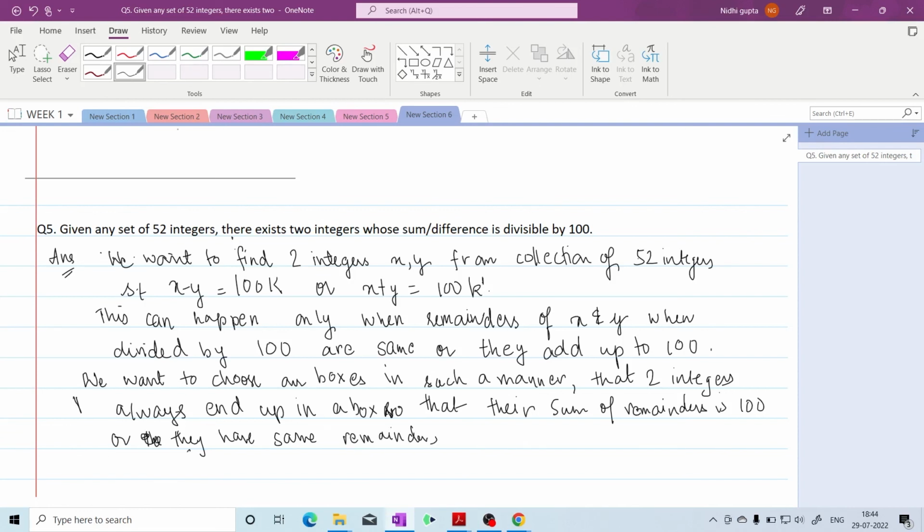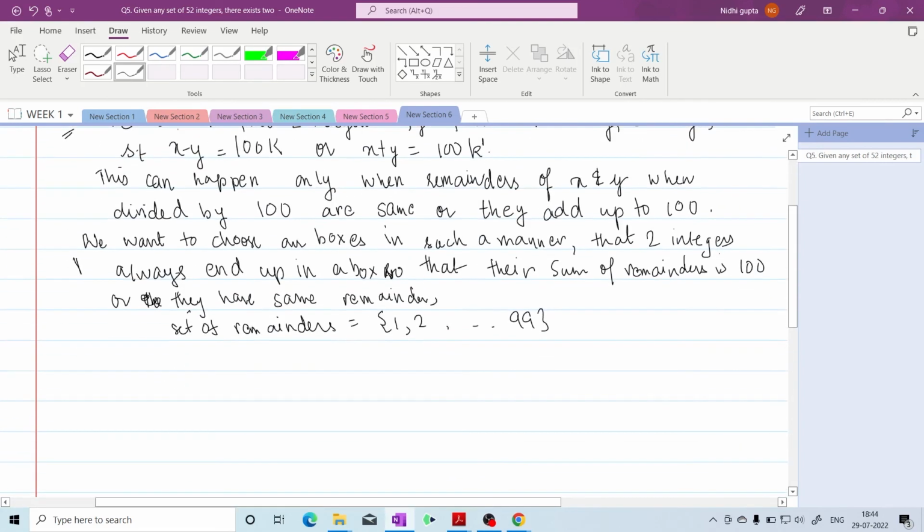So our set of remainders is 1, 2 till 99 and 0. Now we want to choose our boxes in such a manner that their sum is 100 or they are the same.